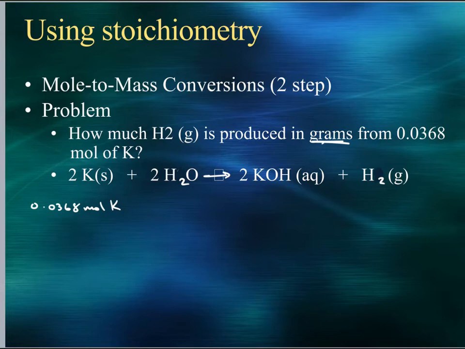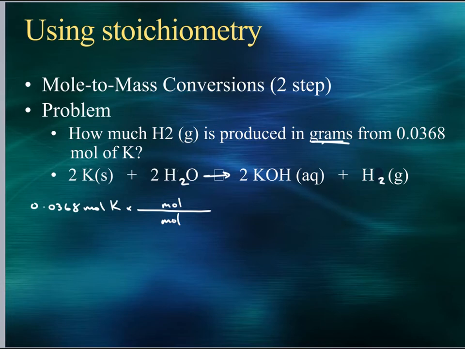Step 2 is to convert the starting amount into moles if it's not in moles. Well, we were given a value in moles, so we do not need to do step 2, which would mean dividing by molar mass. Step 3 is to multiply by the correct mole ratio. It's going to be moles of something over moles of something. What we were given always goes on the bottom. Well, we were given moles of K, so we're immediately getting rid of it.